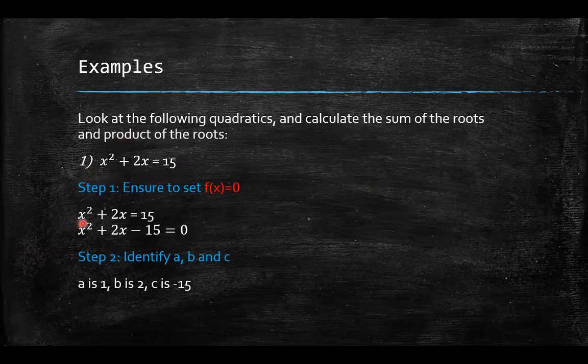So 15 becomes negative 15 on the left-hand side. So it's x squared plus 2x minus 15 is equal to 0. Everybody understand the first step? No. Can you do it over, please?